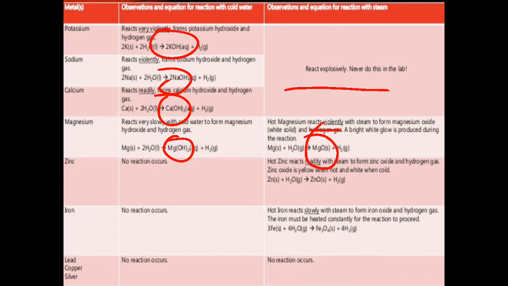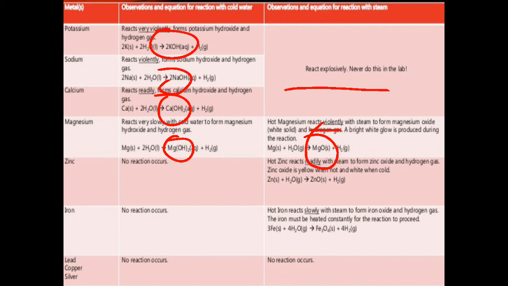Now we see, as hydrogen gas is produced there and the reaction is very violent, so hydrogen will catch fire to give very bright glow, and magnesium is there. You know, magnesium burns in a white glowing spark.